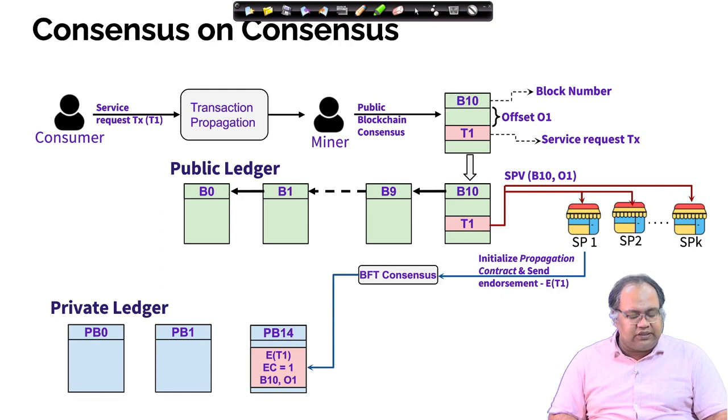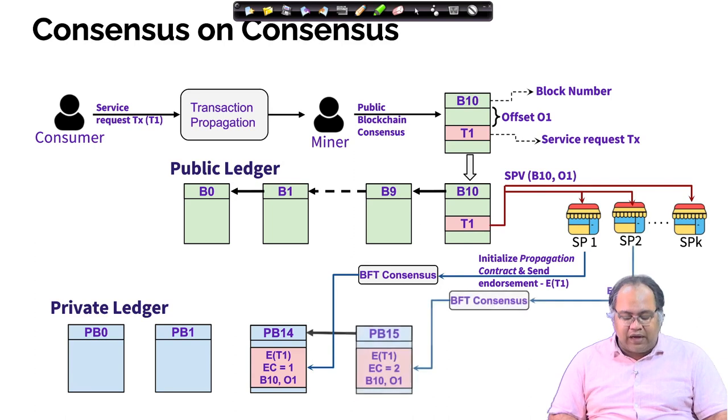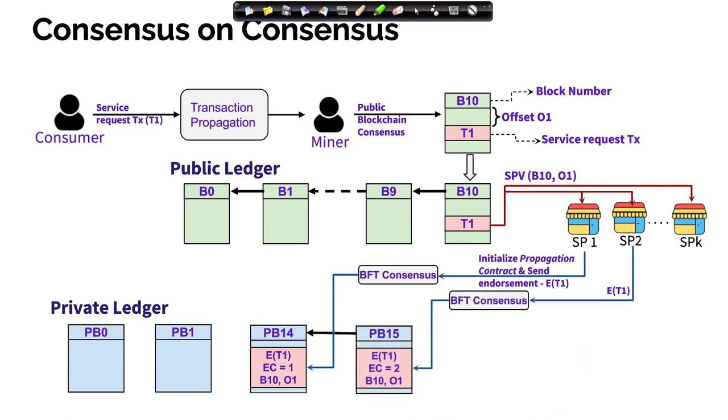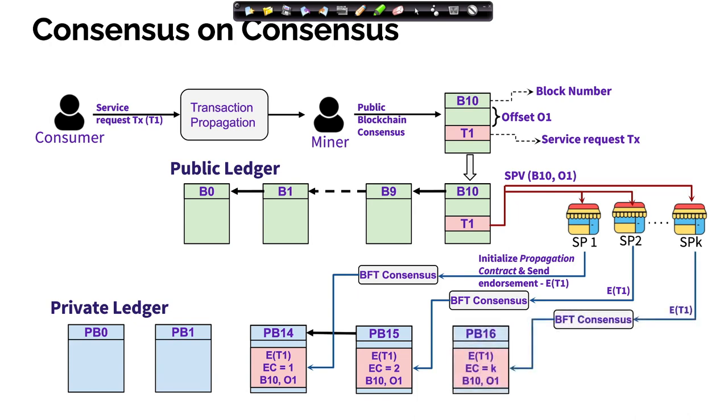So, this BFT consensus mechanism adds this endorsement to a private ledger, the private blockchain that is being maintained by the service providers. That way, for every individual service provider the endorsement is added, and we check that at least 2/3 of the service providers have endorsed this transaction and it has been added to the private blockchain.